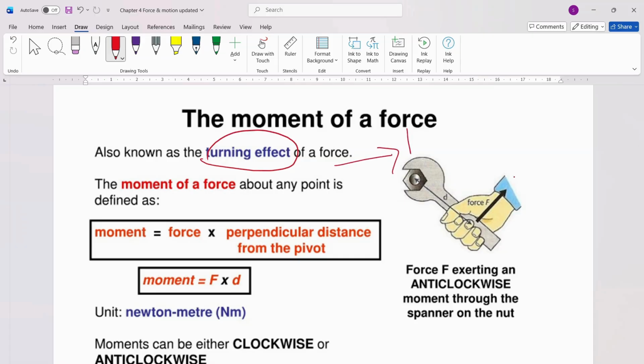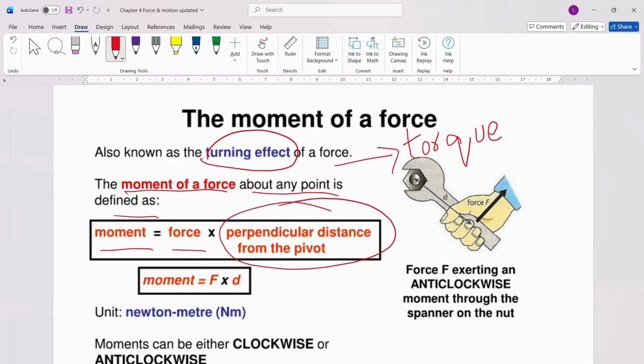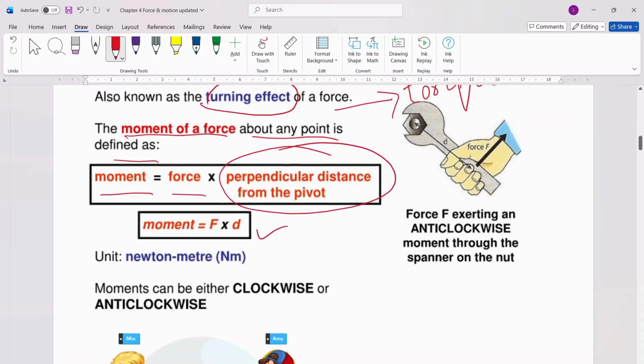The moment of a force about any point is defined as force times perpendicular distance from the pivot. Hence we can write moment is equal to F times D. D is the perpendicular distance from the pivot. Its unit is Newton meter.